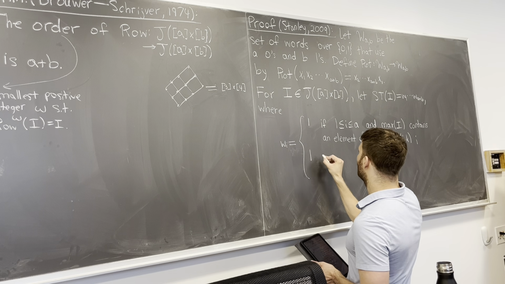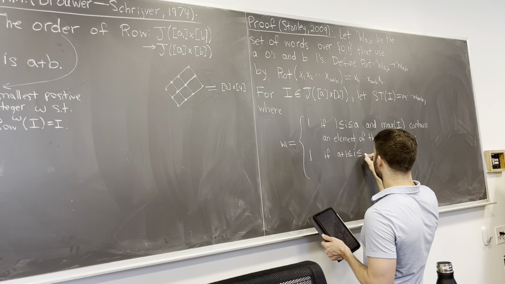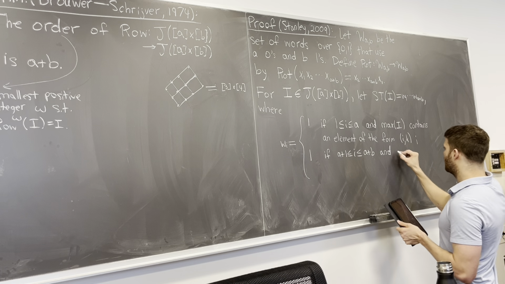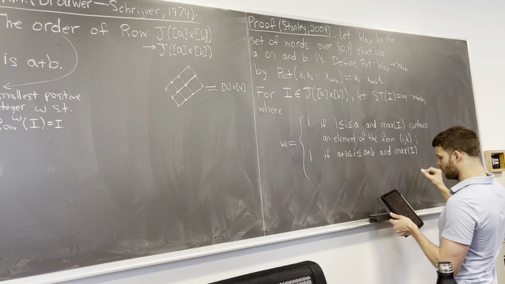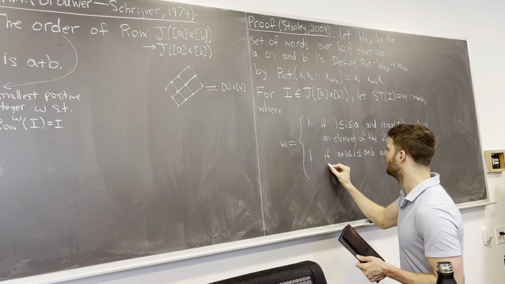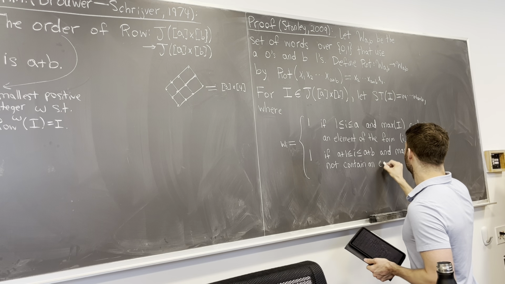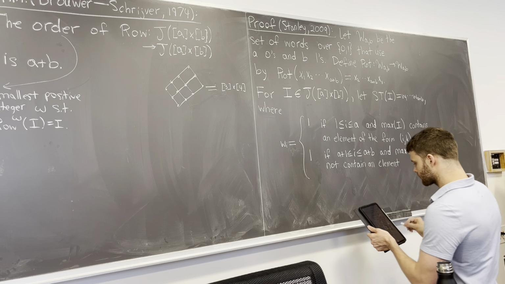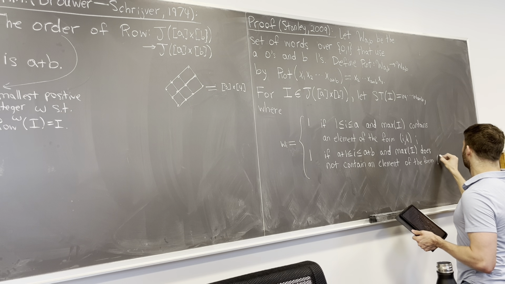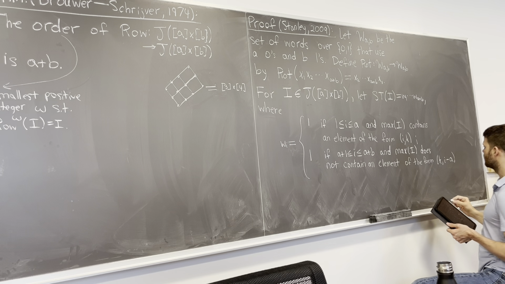Similarly, I'm also going to define it to be 1 if A plus 1 is less than or equal to i is less than or equal to A plus B, and the set of maximal elements of I does not contain an element of the form (k, i minus A).